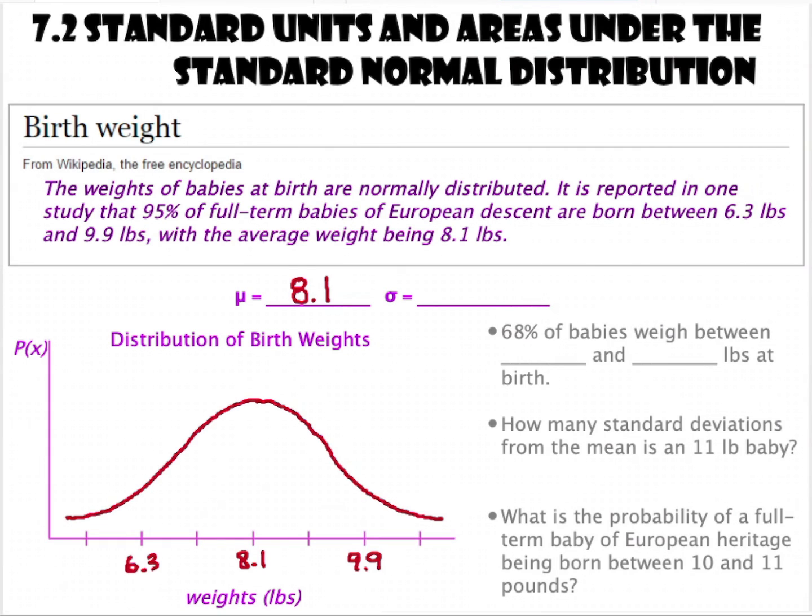So then we can probably figure out what sigma is, right? This is up by 2 standard deviations for a total of 1.8 pounds. Half of 1.8 pounds is 0.9 pounds. So if we count each of those spaces as 0.9 pounds, that should get us right where we wanted to be.